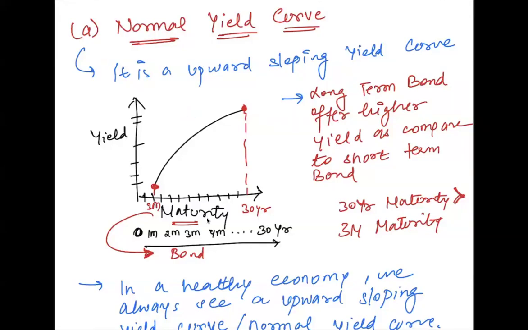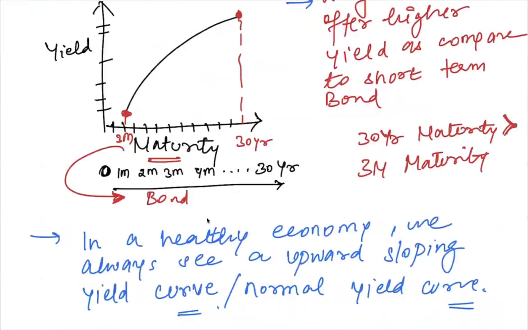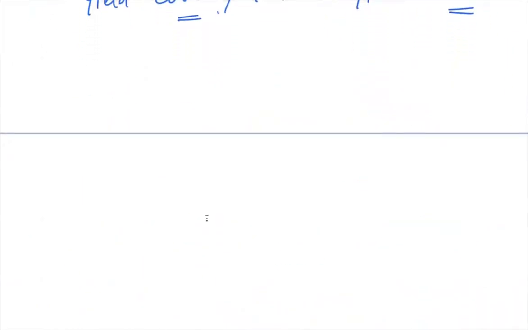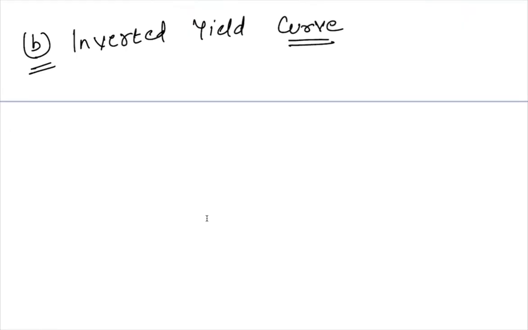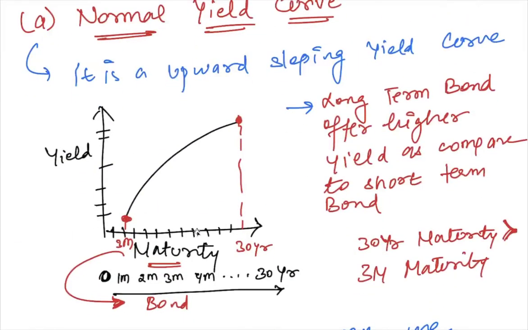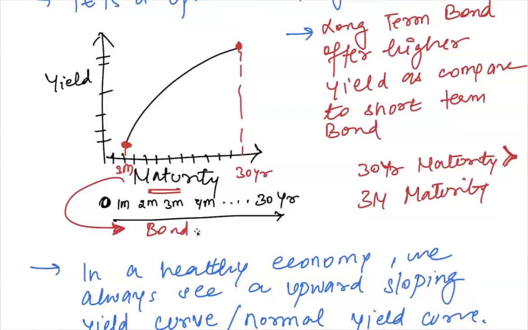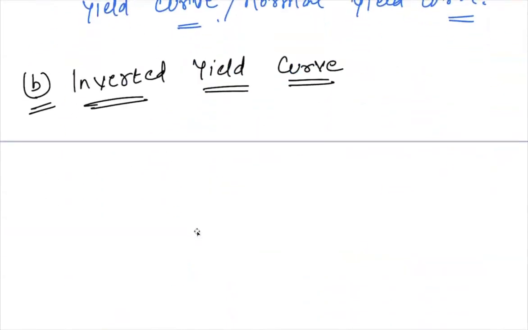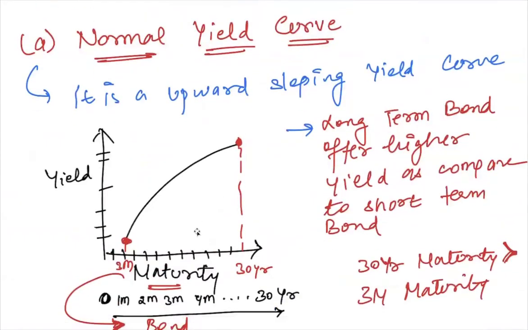So let's see the second shape, which is the inverted yield curve. You by yourself might have understood what it means by inverted. If a normal yield curve is upward sloping, what will be the inverse of it? A downward sloping one, right?